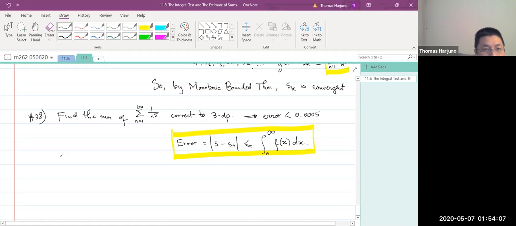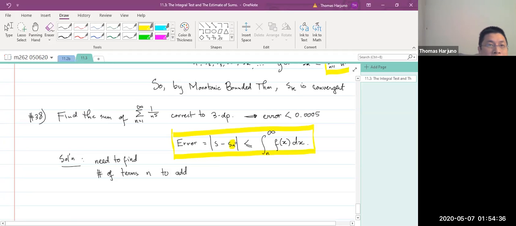Solution. I need to find n, the number of terms to add. So I will approximate the actual series by the first n terms.